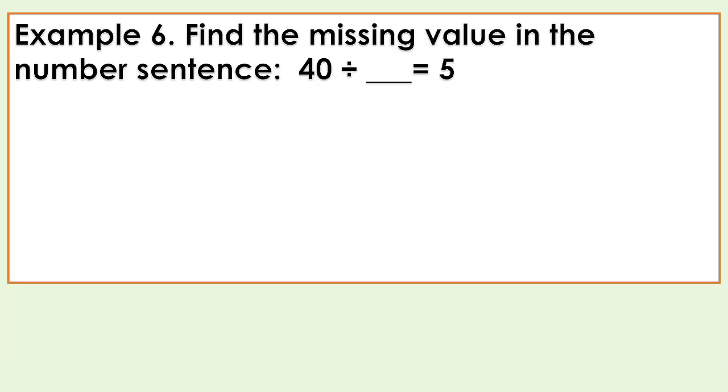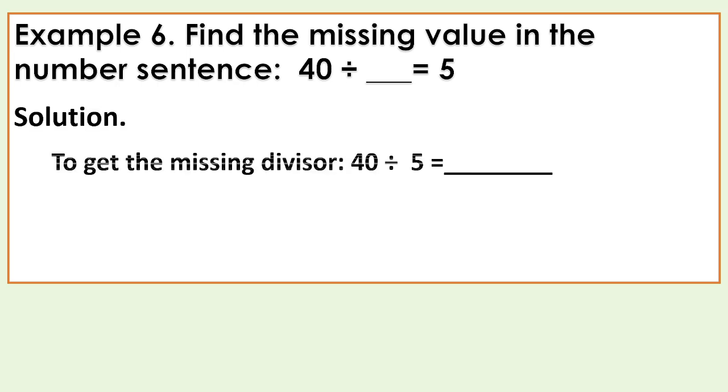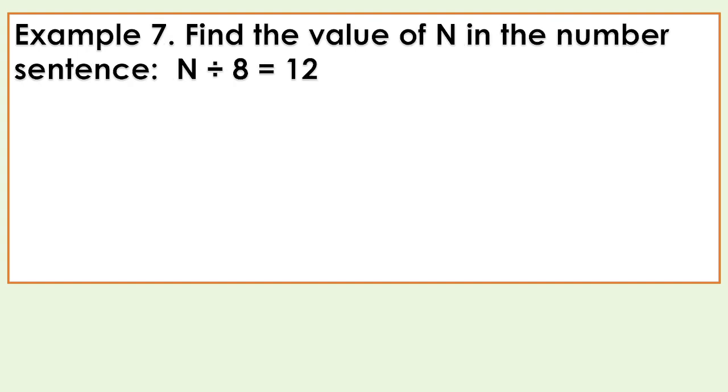Example number 6. Find the missing value in the number sentence 40 divided by blank equals 5. Solution. To get the missing divisor, 40 divided by 5 equals 8. So the answer is 8. Example number 7.